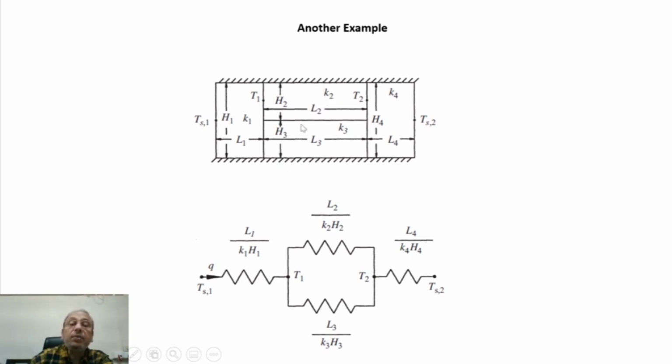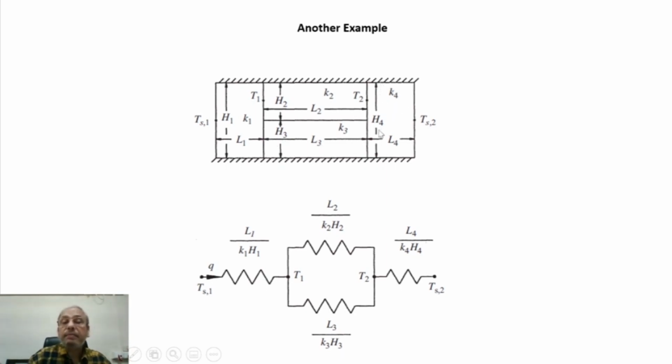Conductivity is K2. See, this is two-dimensional analysis. So basically area means H3 into the unit dimension which is perpendicular to the plane. So 1 into H3 is the effective heat transfer area and L3 is the length.